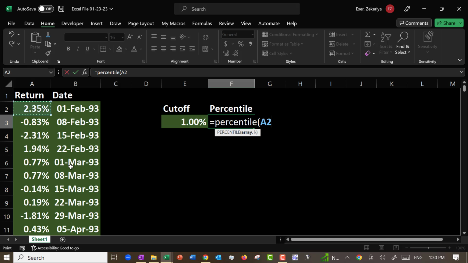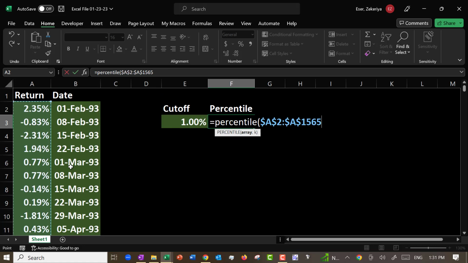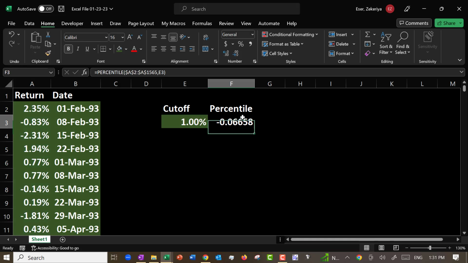Select your data. Since I'm going to keep using them, I'll fix that one. The second argument is the cutoff. This is the first percentile.